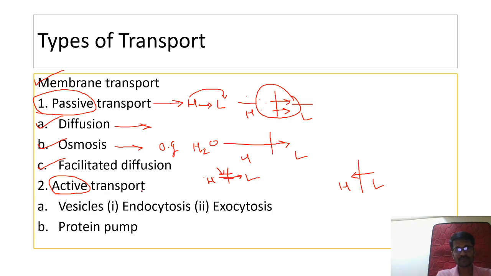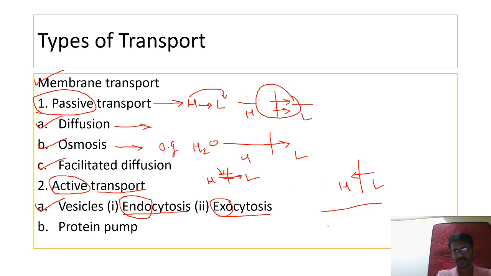Active transport across the cell membrane occurs by vesicle formation, and this vesicle formation governs the transport mechanism. In vesicular transport there are two subtypes: first endocytosis and second exocytosis. The name itself indicates it: endo means enter, and exo means exit.